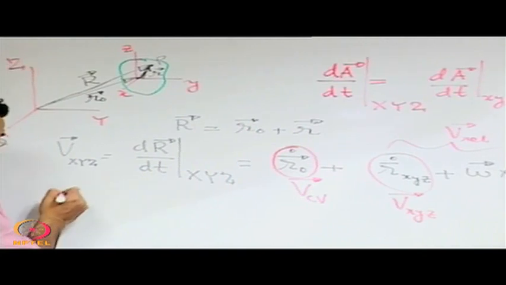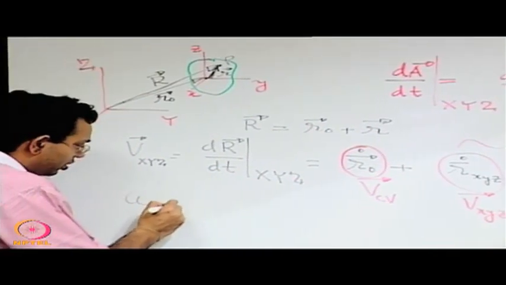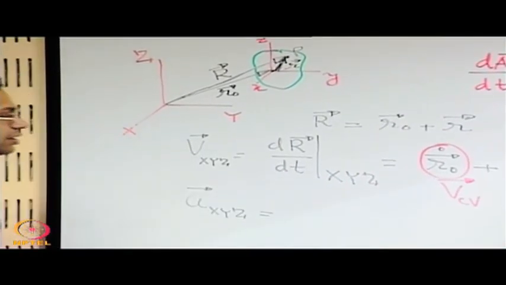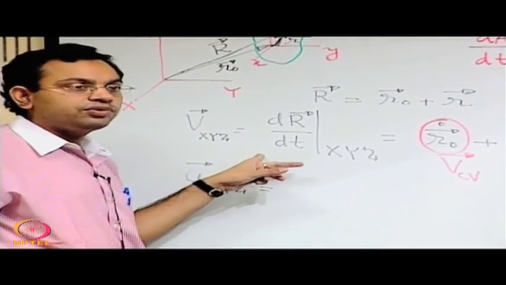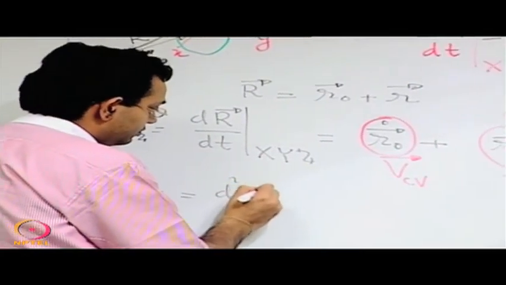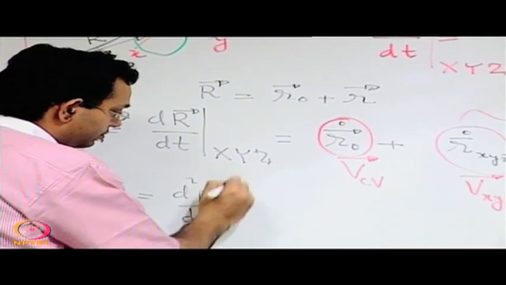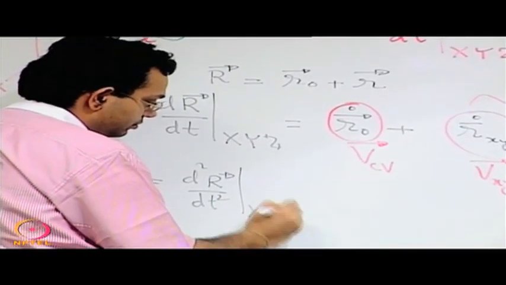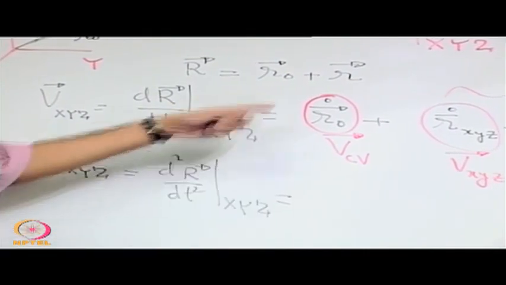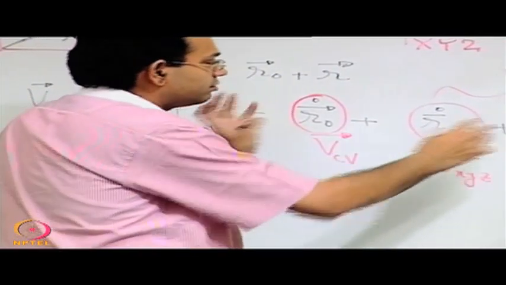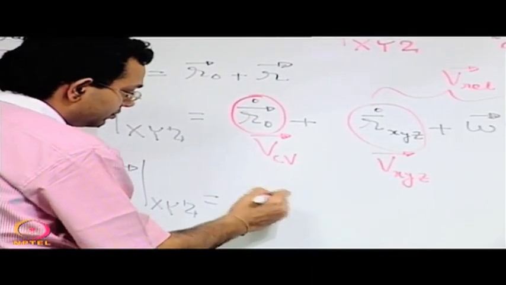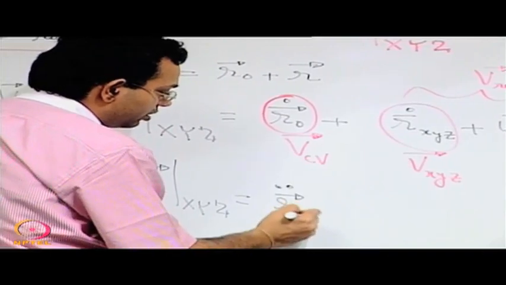So, acceleration with respect to capital X Y Z, that means you have to differentiate this again with respect to time. So let us identify the different terms and write the first term, it will become r naught double dot.